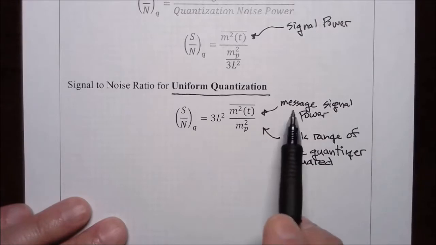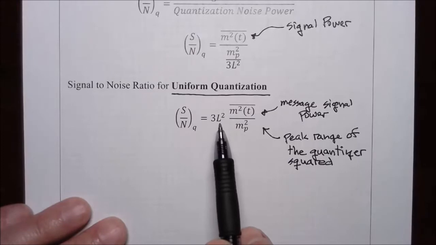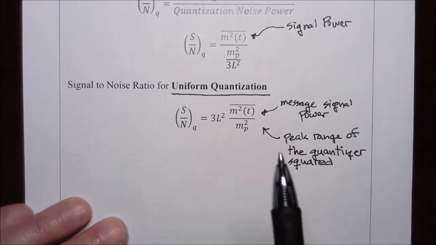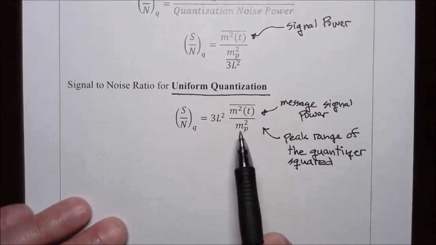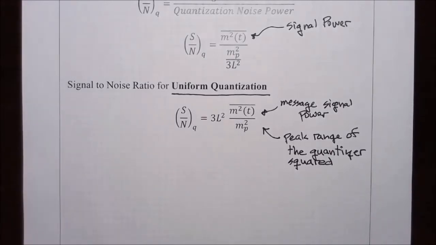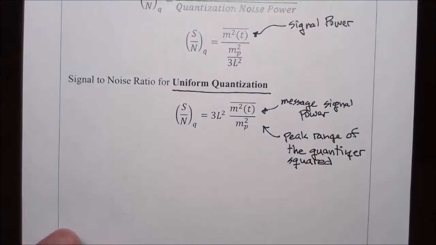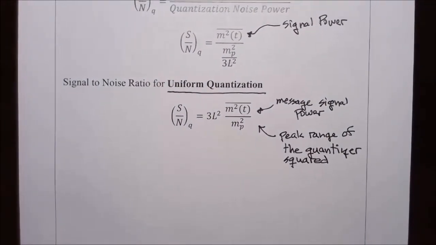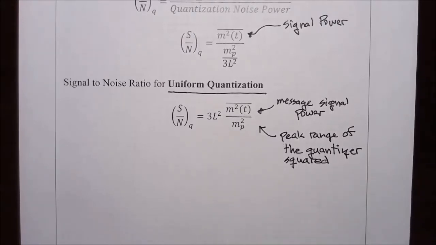For a given message, to maximize the signal to noise ratio, we increase the number of levels to whatever limits may be placed on us, and we fit the message signal more closely to the peak range of the quantizer. Okay, so this is a result we want to remember. We will use this equation to analyze various quantizers.